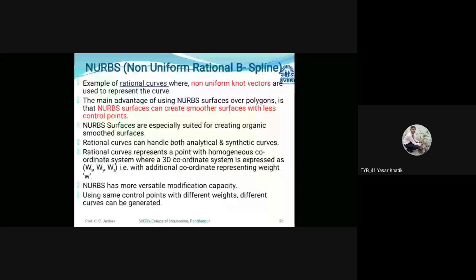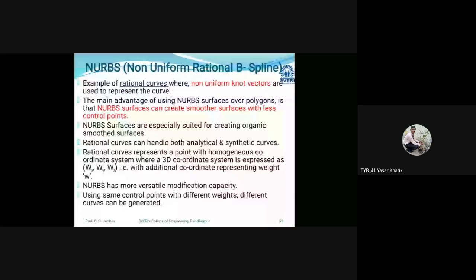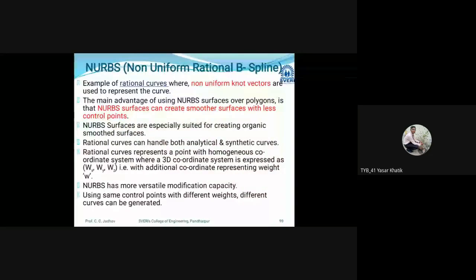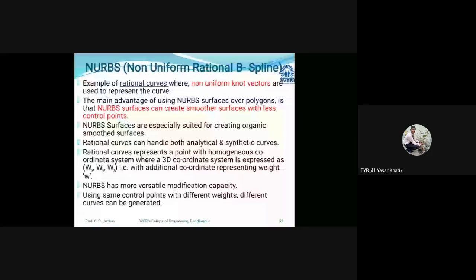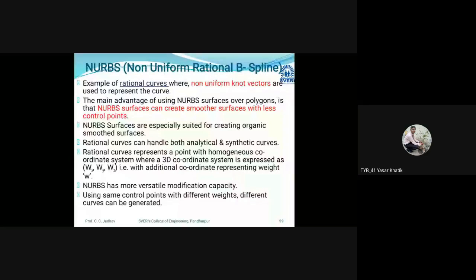Rational B-spline provides a single precise mathematical form capable of representing common analytical shapes like lines, planes, conics, circles. Like this, it is used for presenting these types of shapes. NURBS are a superset of all synthetic curves. Okay, it is one of the widely used curves in CAD/CAM/CAE systems, and it is a superset of all the synthetic curve types.